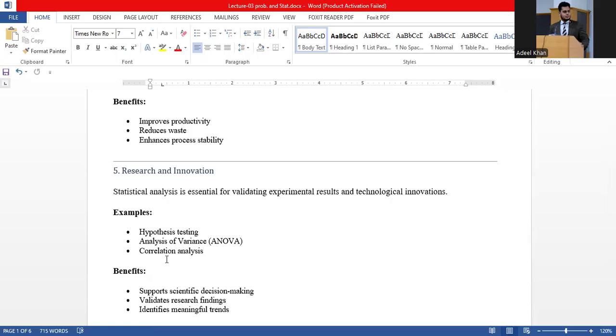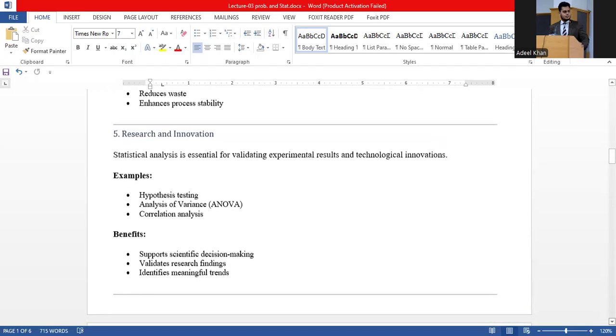So correlation is the comparison of data, and that analysis is mostly used in different aspects. Benefits: it supports scientific decision making, validates research findings, and identifies meaningful trends.